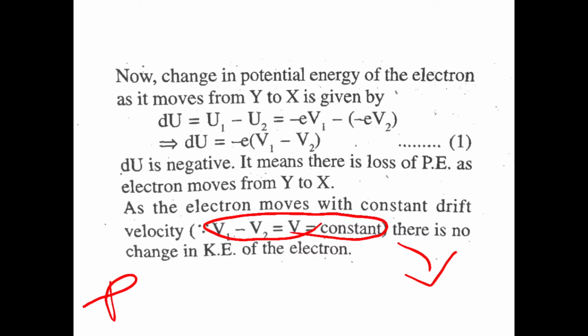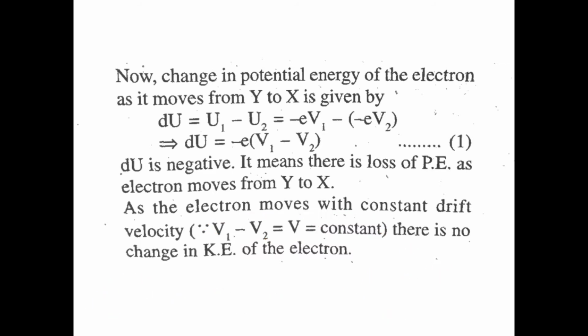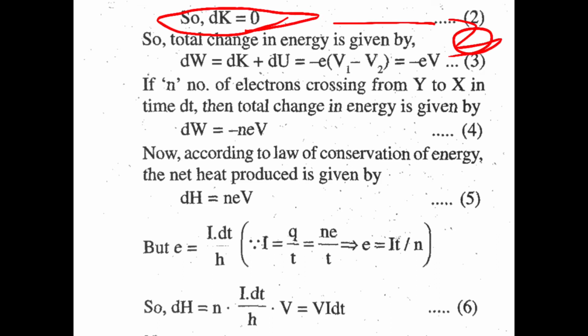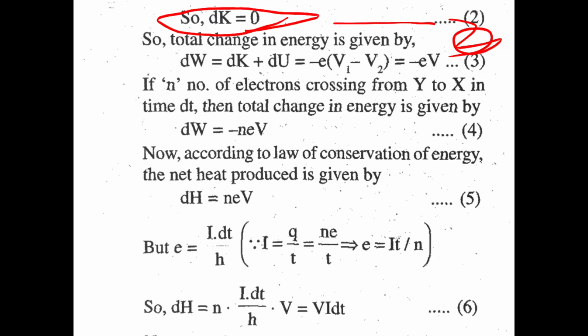Potential energy is changed, but kinetic energy does not change due to the constant drift velocity. So the change in kinetic energy will be 0. This is equation 2.